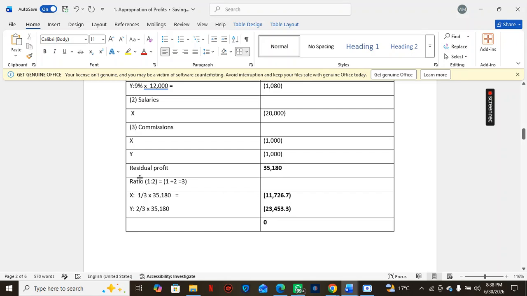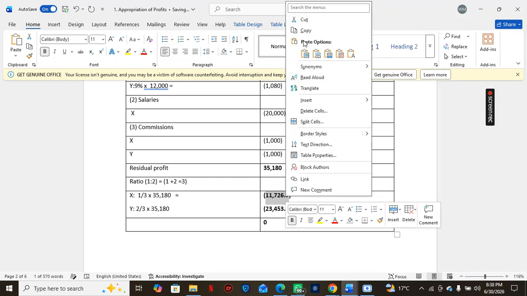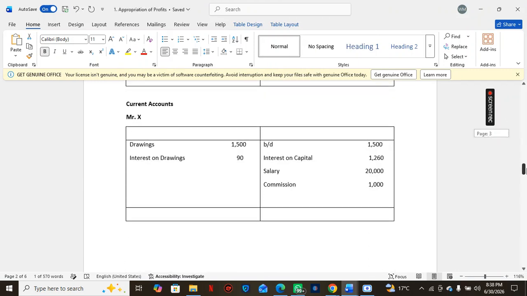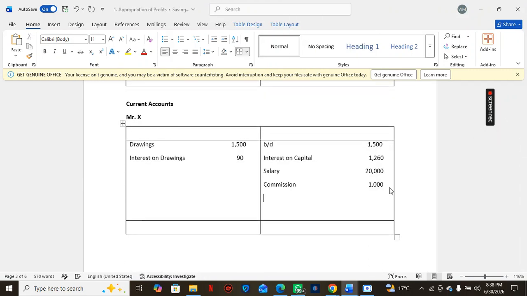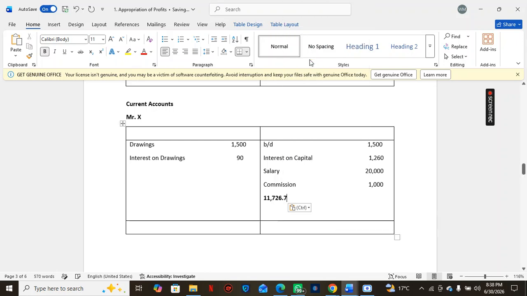Okay, then Mr. X's share of the residual profit, 11,726.7. Remember, everything on the credit side is increasing how much the partner has.